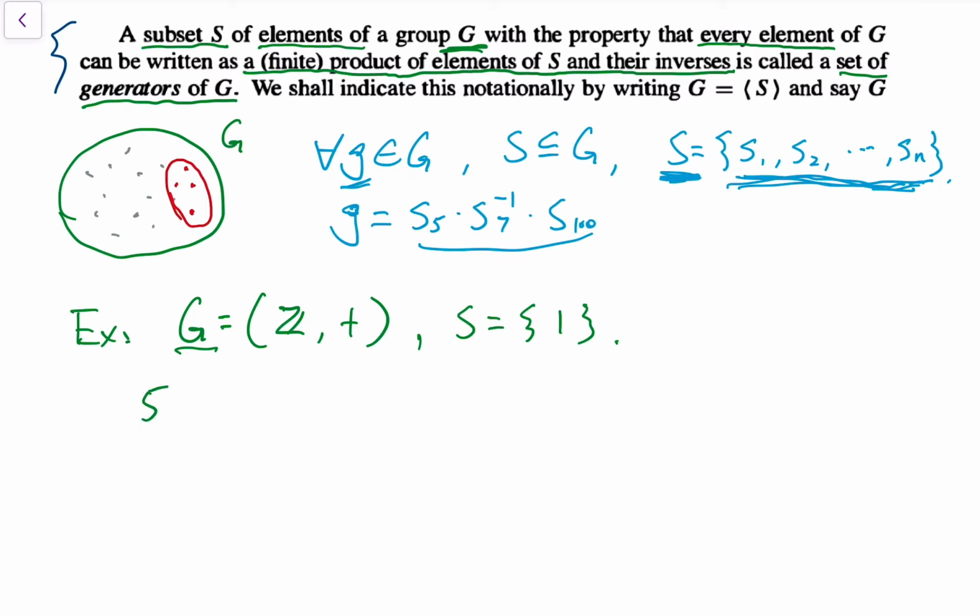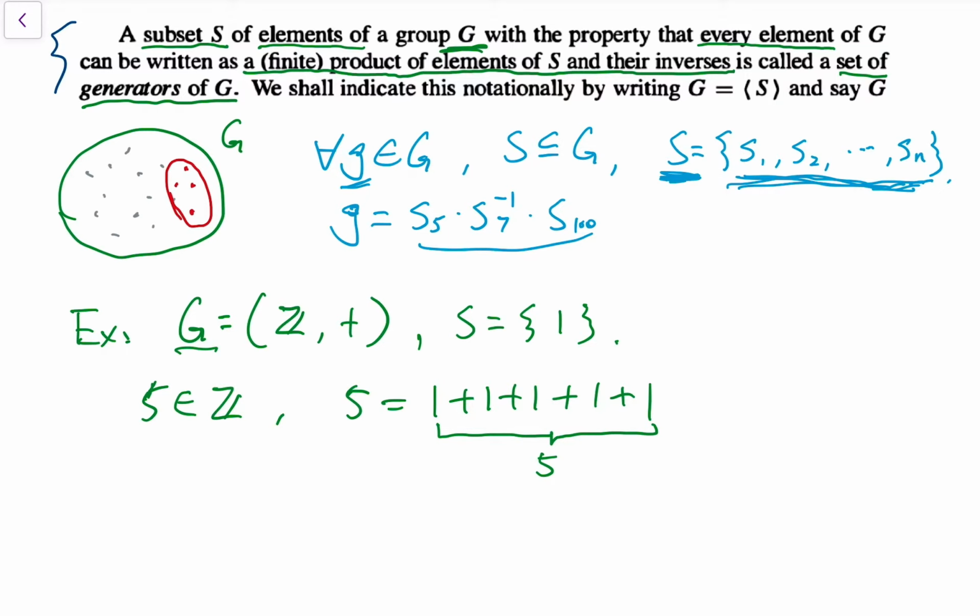For example, for the integer 5, it is an integer in the group G, and 5 can be written as 1 plus 1 plus 1 plus 1 plus 1. There are 5 ones.